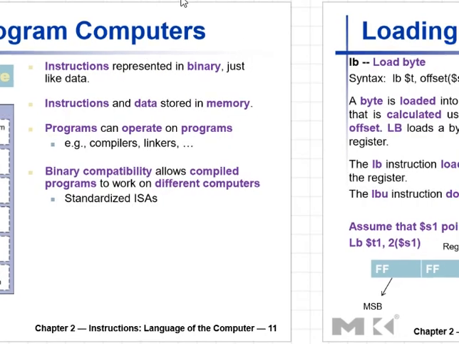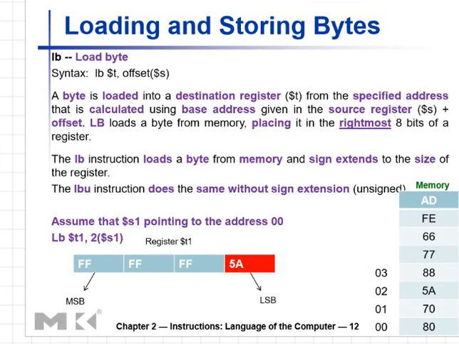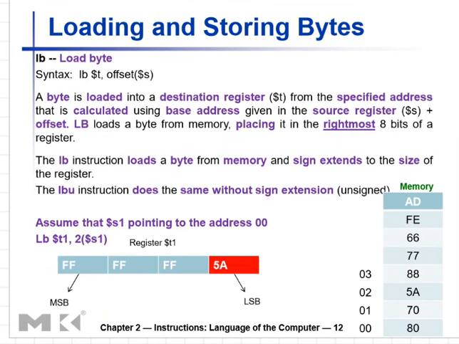Let's move on to some other type of instruction, which is loading and storing bytes. In the last example we saw load word and store word, but we have a few other instructions, which are load byte and store byte.